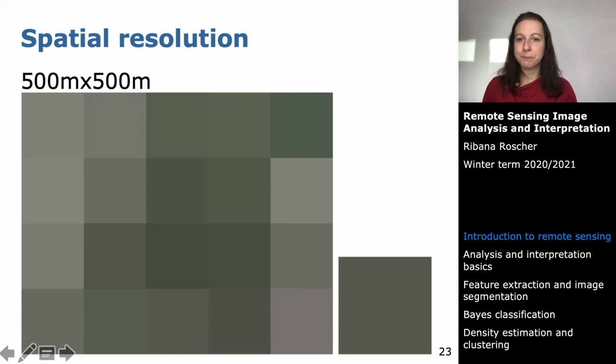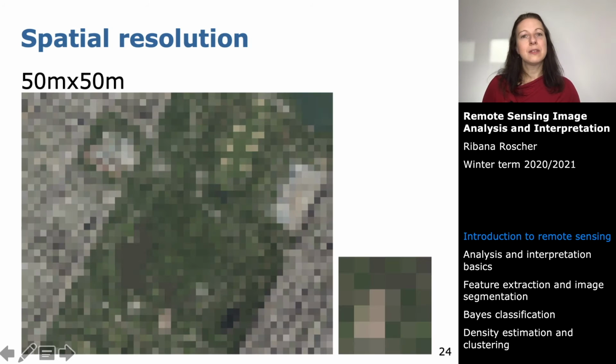At the moment, I guess you can see nothing, or not really. You can see a few colors, but you cannot see any details or identify what is illustrated in the image. Now this is a resolution of 50 meters times 50 meters.